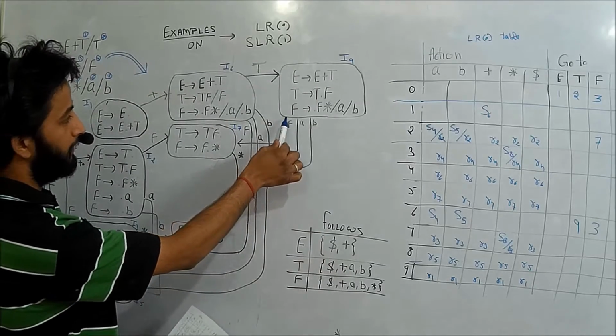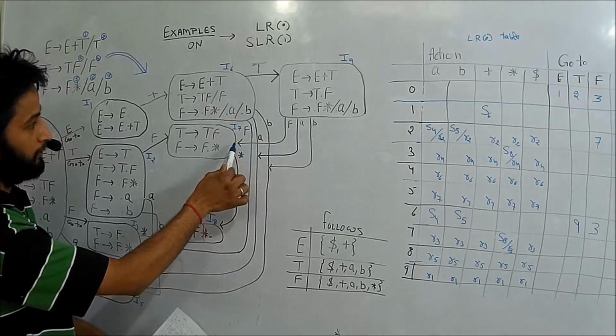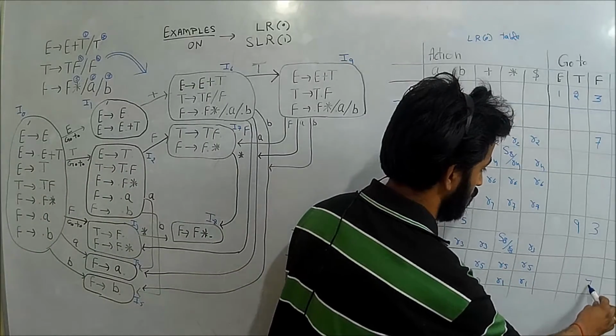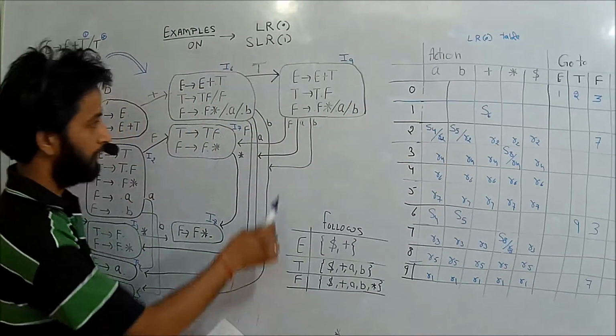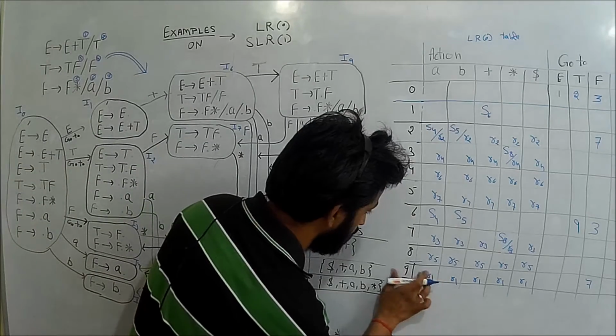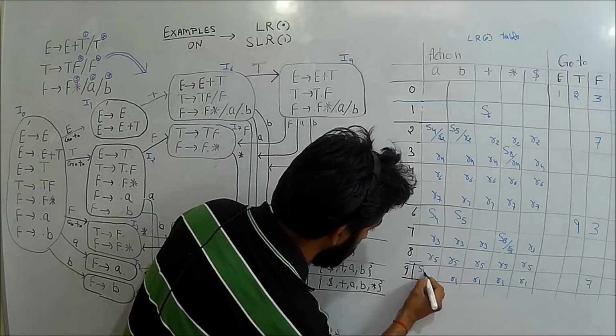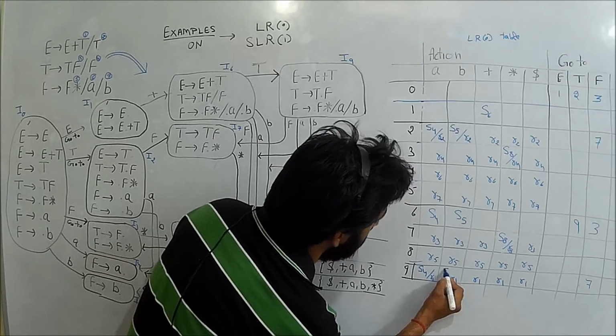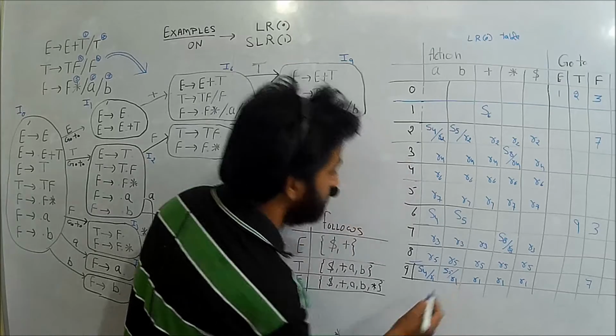By taking F, it will go to 7. So I will write it in the goto table, the goto entries, and for A and B we have S4, and for R1 this one for the S5.